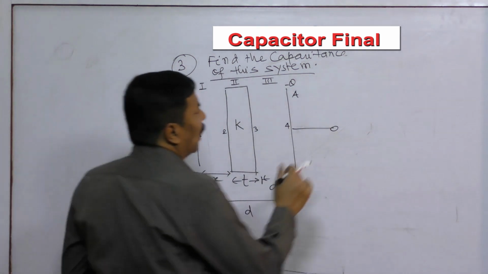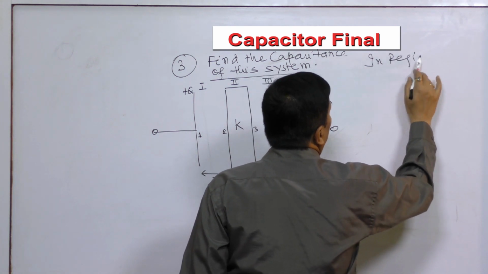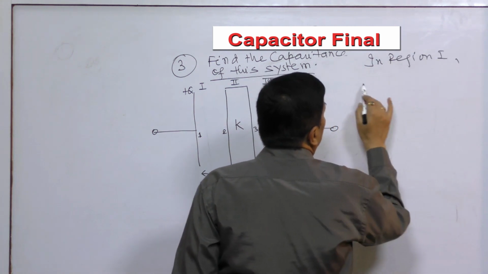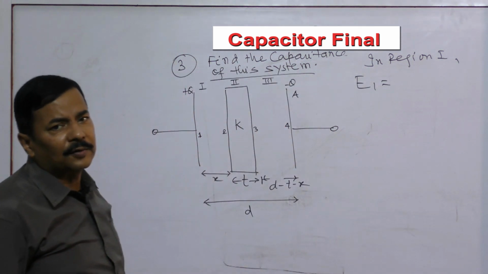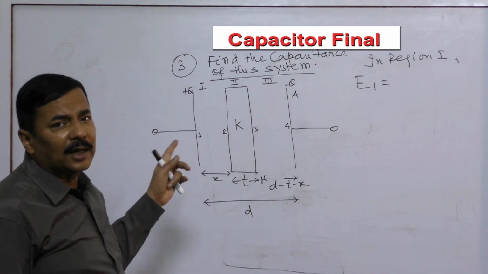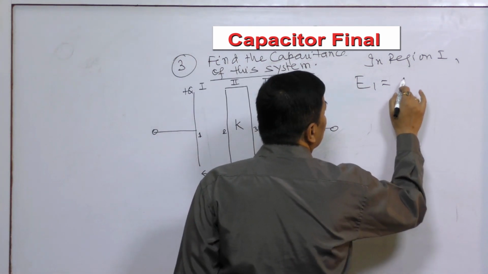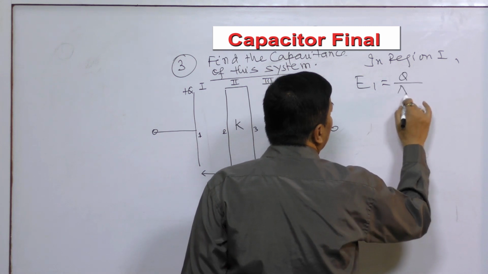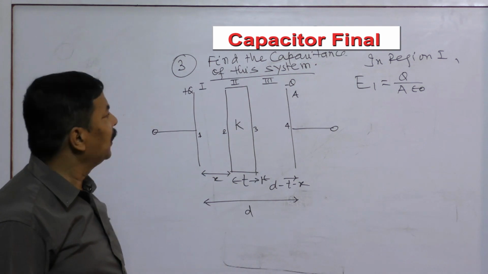So in region 1, E1 is equal to sigma by epsilon naught, so sigma means Q by A epsilon naught. This is the electric field.